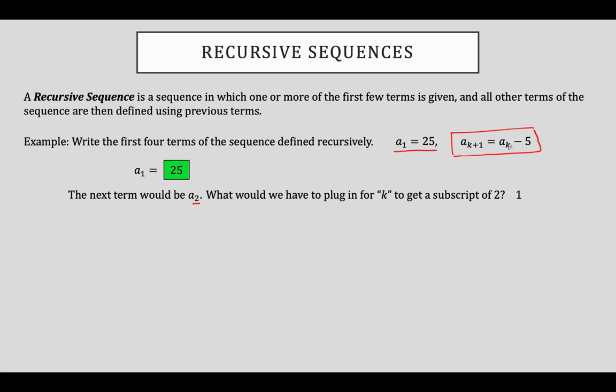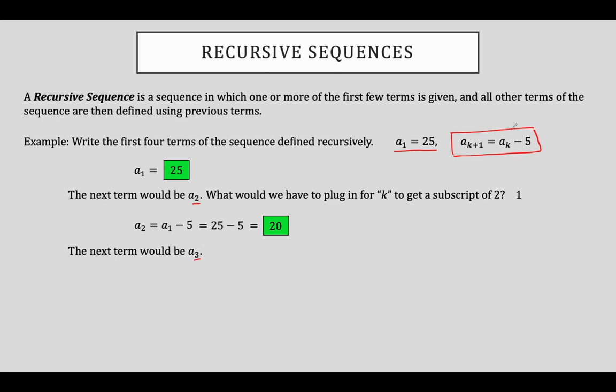That gives me a sub 2 is equal to a sub 1 minus 5. A1 is the first term in the sequence, 25. So we replace that, giving us 25 minus 5, which is equal to 20.